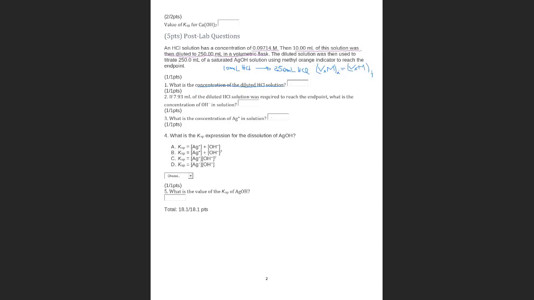But what we want to know is the concentration of the diluted. So we have a volume, we diluted to 250. So the molarity of the diluted hydrochloric acid is going to be the original volume.